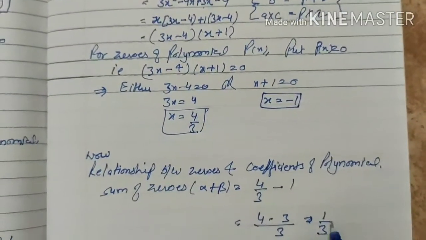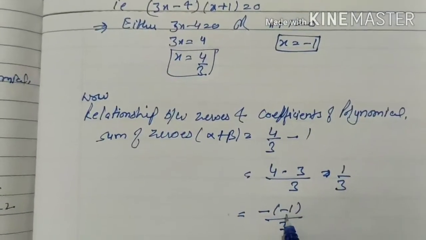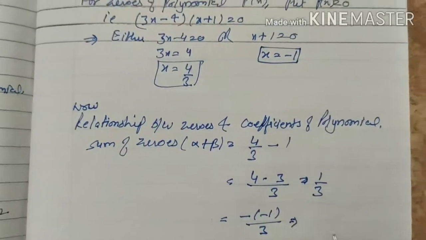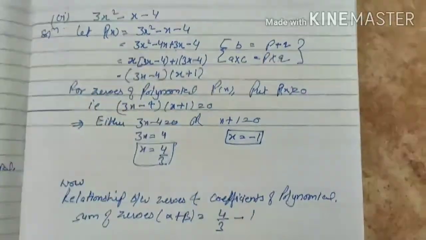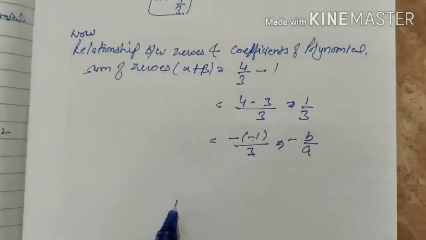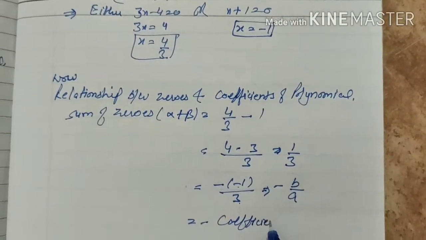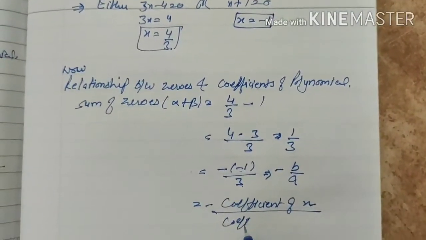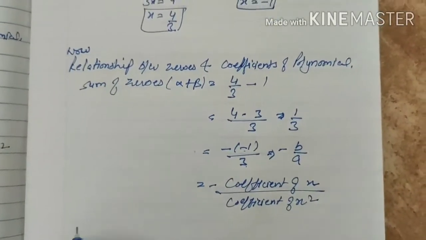This 1 by 3 can be written as minus of minus 1 by 3. You can see minus of minus 1 becomes plus 1 upon 3. So minus, and this minus 1 you can see here as b, and this 3 as a. So minus b by a. You can write minus b by a, so minus of b, that is coefficient of x upon coefficient of x square. So this is sum of zeros.